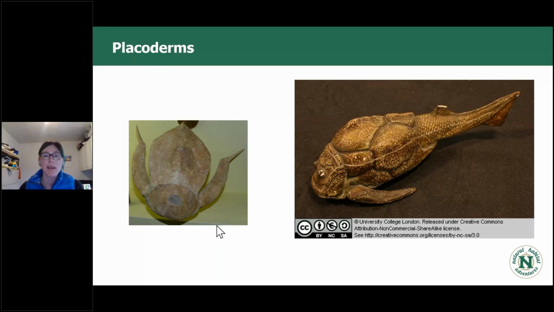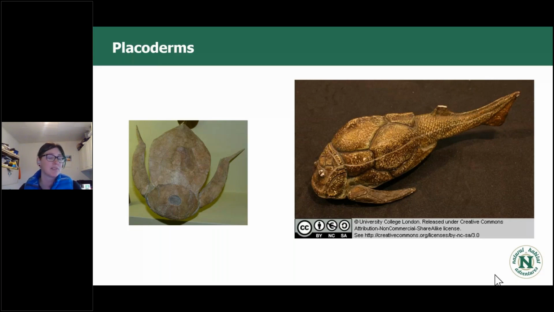So they were primarily armored towards the front of their body. And here we're talking about bony armor that may have been an inch or more thick. And then the back end of this fish, which had to be able to swim and move around, was not armored.